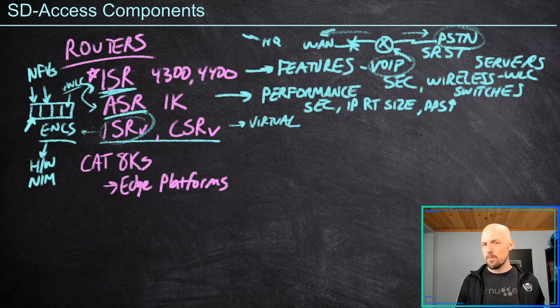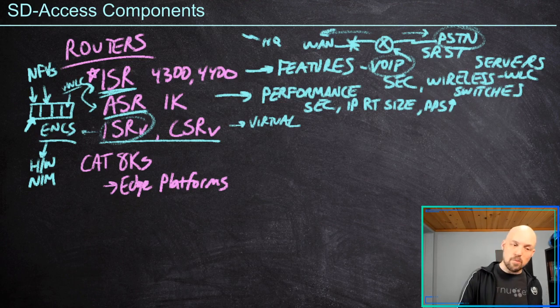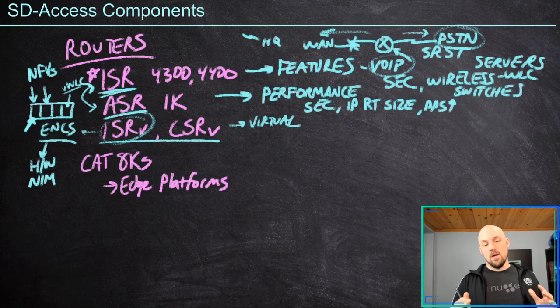So that's what the ISR is primarily designed for, because, again, it's about features. But in virtual format, unless it's paired with the ENCS, you usually don't get access to many of those features. However, that's where we have the CSRV.